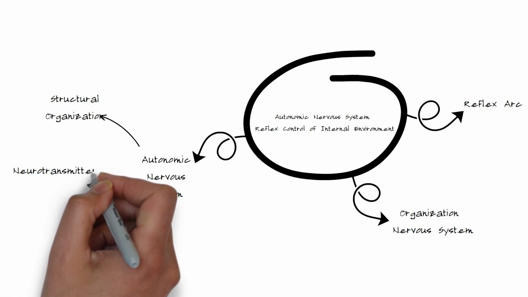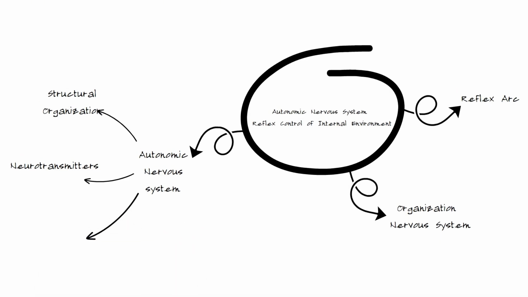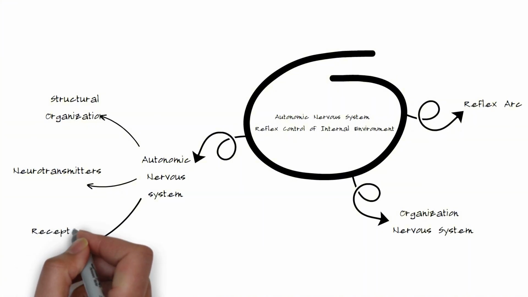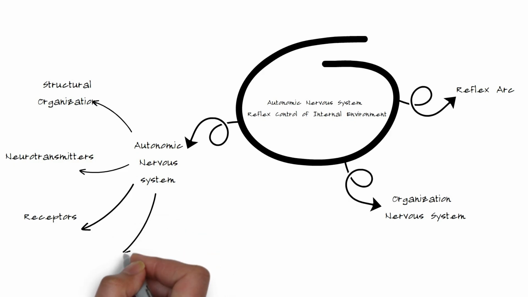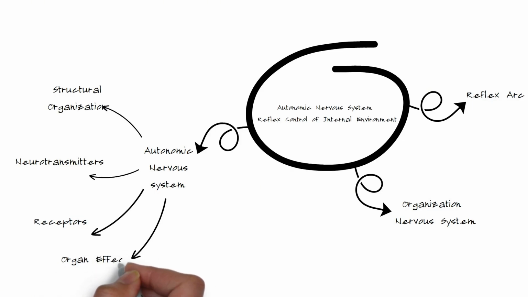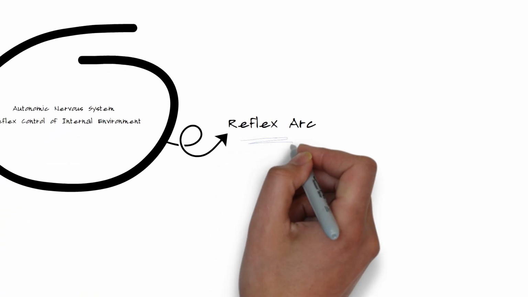And finally, we are going to discuss the autonomic nervous system, and we are going to discuss the structural organization, the neurotransmitter, the receptors, and the effect of the sympathetic and parasympathetic on different organs. Now, let's start with the reflex arc component.